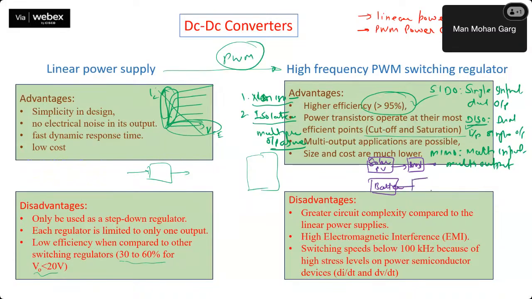Then you attach a bidirectional converter to the battery, and this gives power to the load.